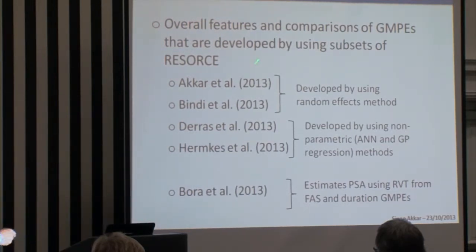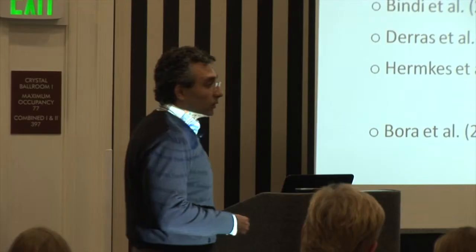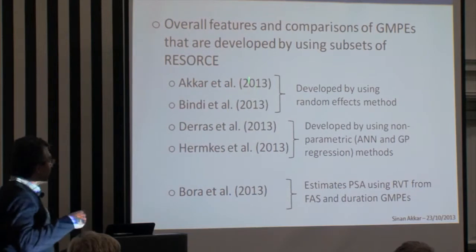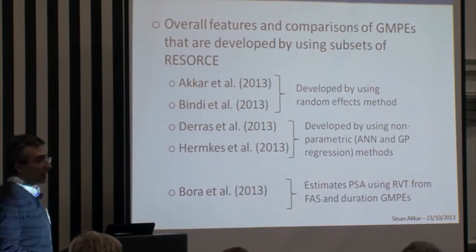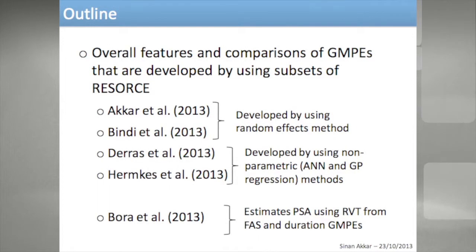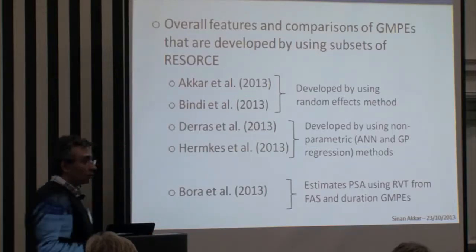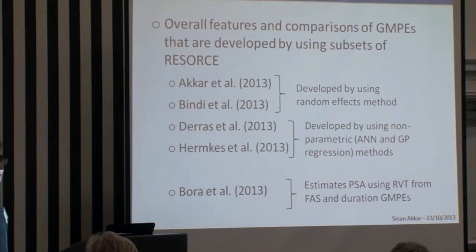Well, anyway, essentially with different subsets of resource, 5 teams, 5 groups developed 5 different models. There are some similarities between the NGA project and some dissimilarities. So essentially, Akkar et al. and Bindi et al. used the conventional approach.